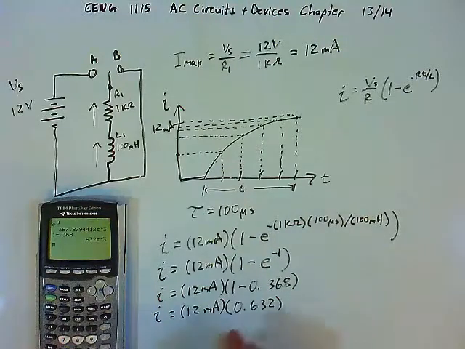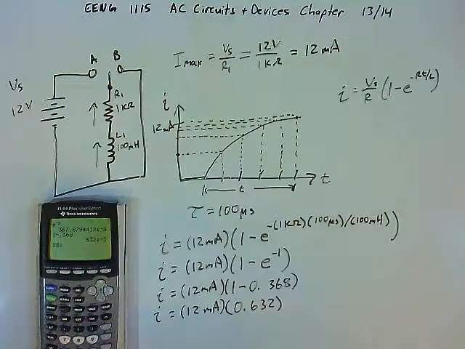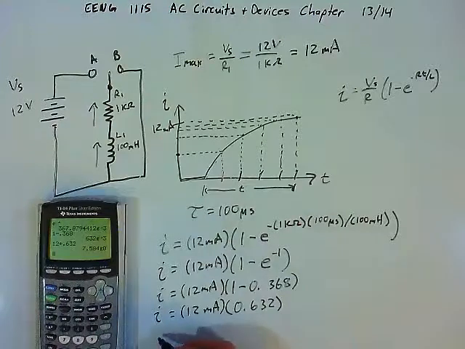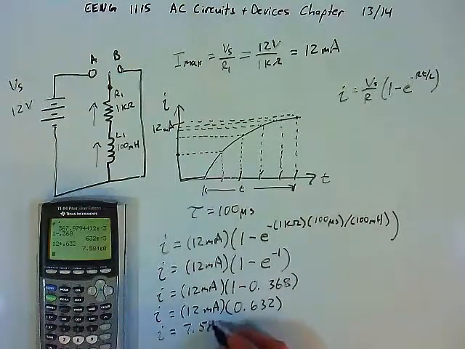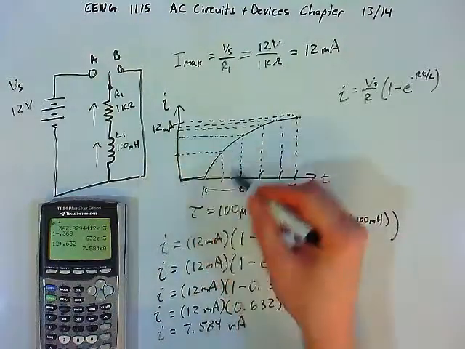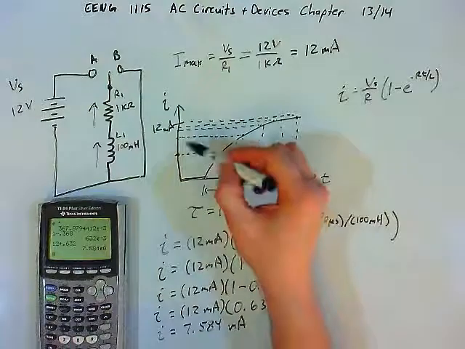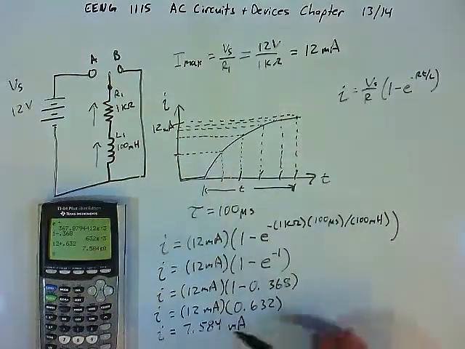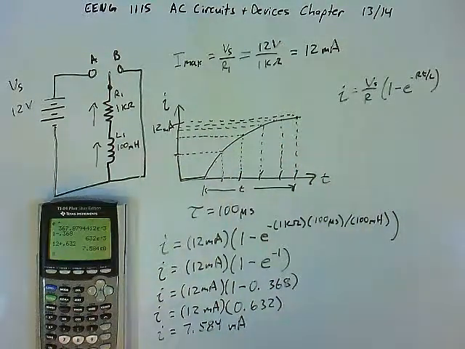And so after 100 microseconds has passed, the current is going to be 63.2% of the maximum value of 12 milliamps. 12 milliamps times 0.632 is going to be 7.584 milliamps. The instantaneous current at this point in time is 7.584 milliamps. My graph's not perfectly to scale, but the current here is representative of 7.584 milliamps.